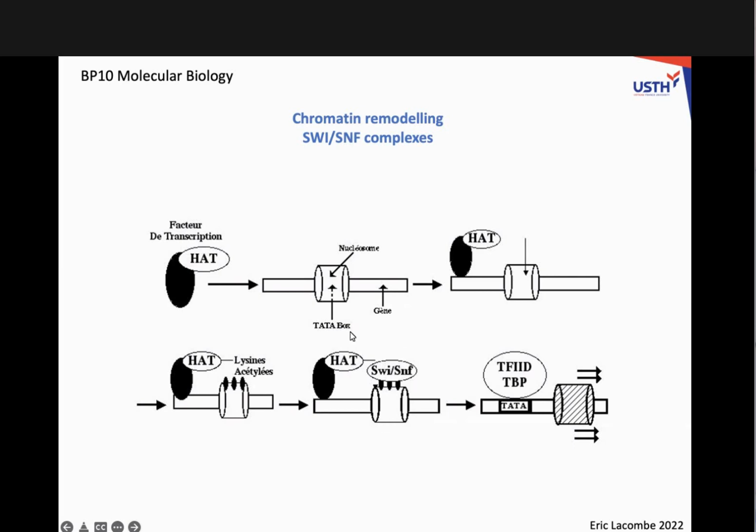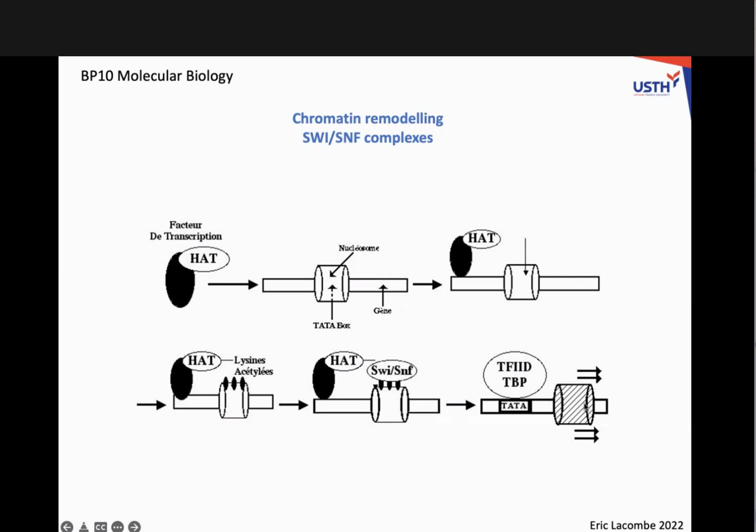You can have exactly the same process as this one, but upstream in the promoter, for a cis element, a regulatory sequence, to also not be hidden.